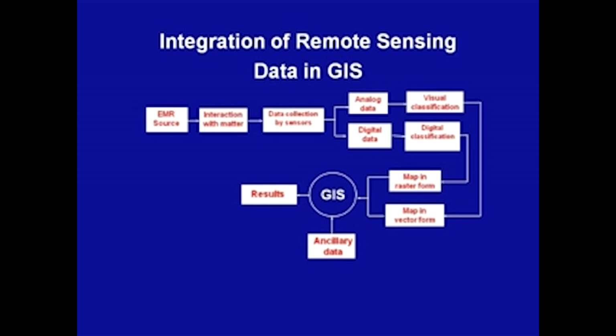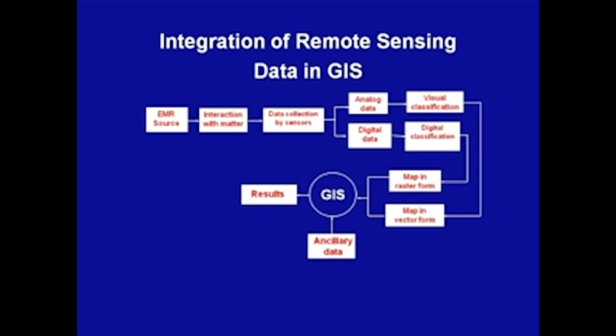If the data is analog, then the process of analyzing the information is known as visual classification and it results in an output which is a map in vector form. In case the data is digital, then digital based classification with the help of computers is performed and the resultant output is a map in raster form.